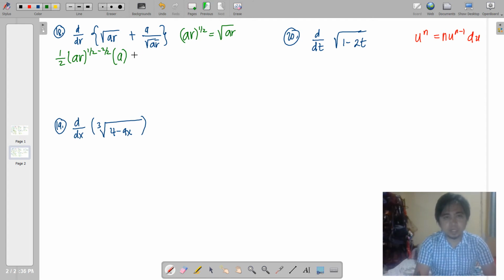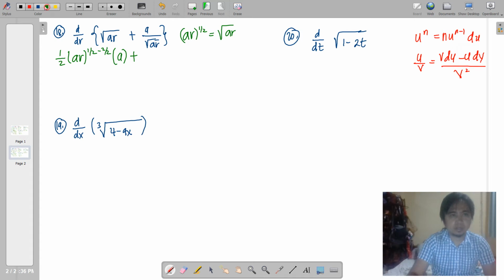So, second term na tayo. U over V na naman. V du minus U dV all over V squared. Right. So, ano yung V natin? Square root of AR.